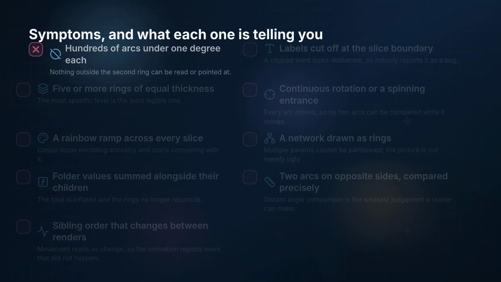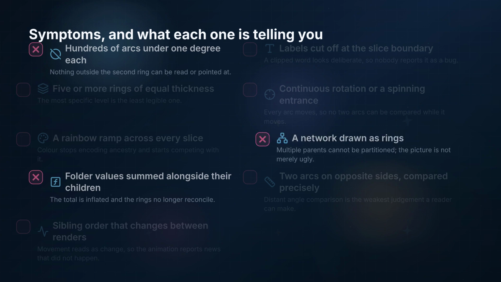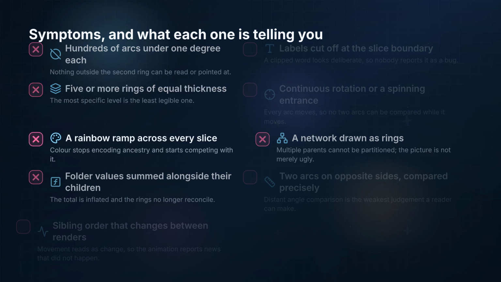Here are 9 ways this chart fails in production, and the reason to name them is that 8 of the 9 render perfectly. Too many tiny arcs, so outer rings become texture. Too much depth, so the most specific level is the least readable. A rainbow palette, so color stops meaning family.